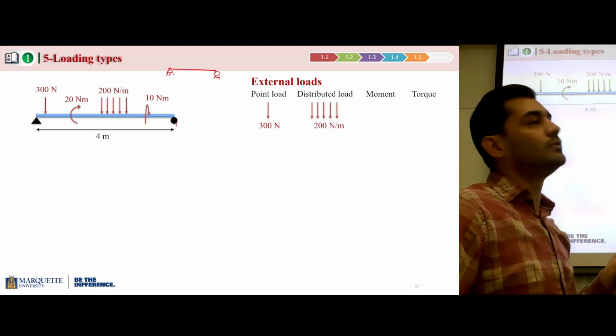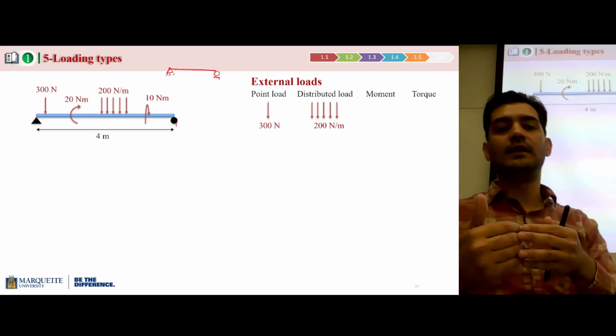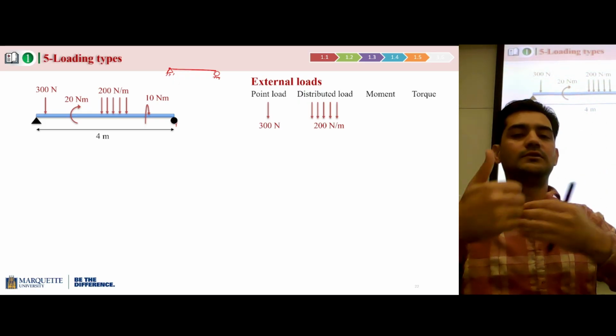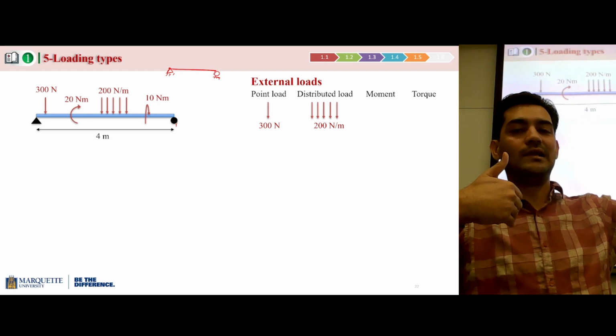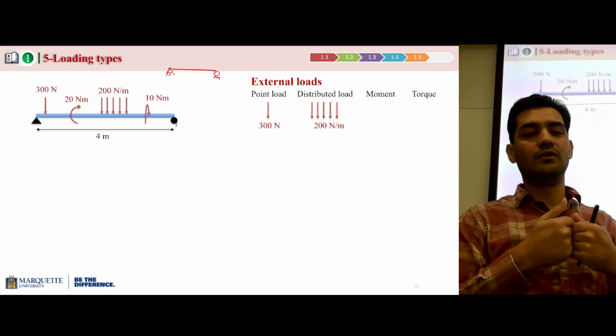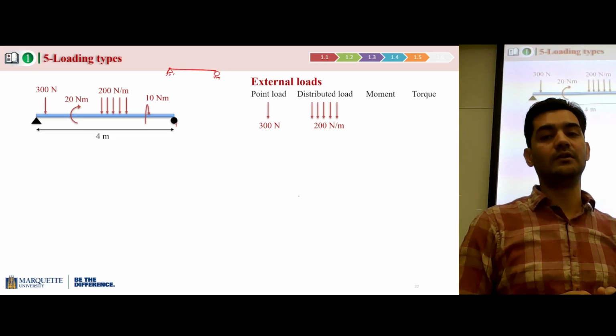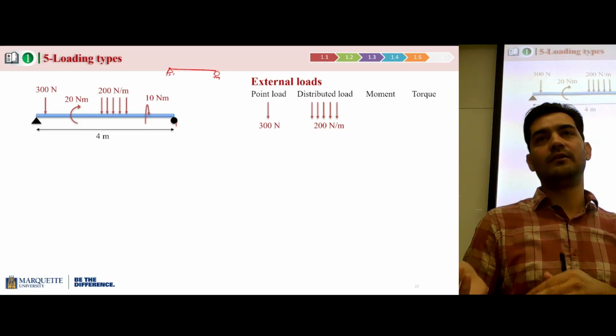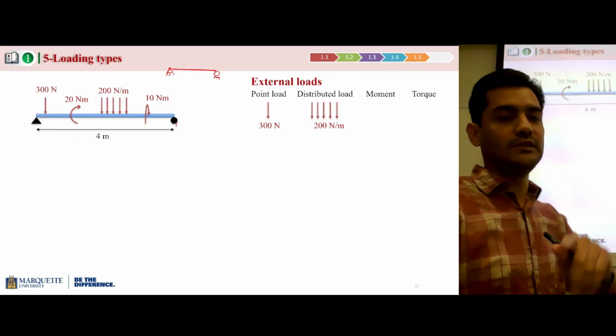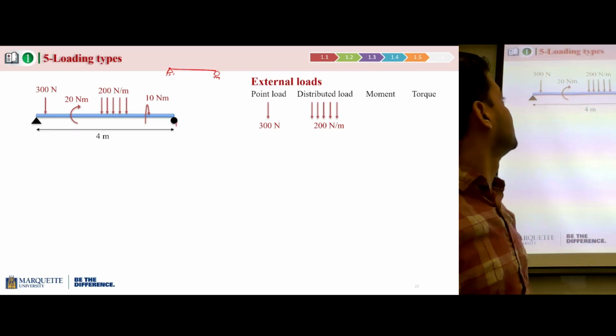And then you have a distributed load. A distributed load is basically a bunch of point loads distributed along a length. Distributed load is defined in terms of Newton per meter, or pound per feet if you're talking about US customary. These units are System International.